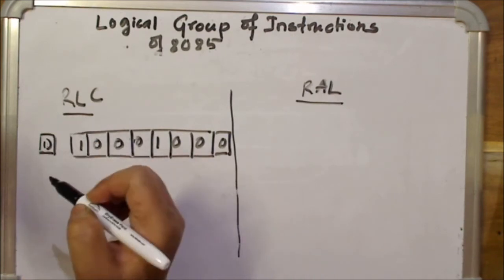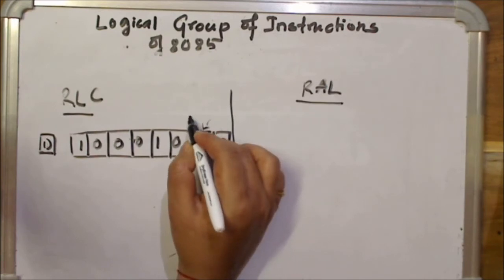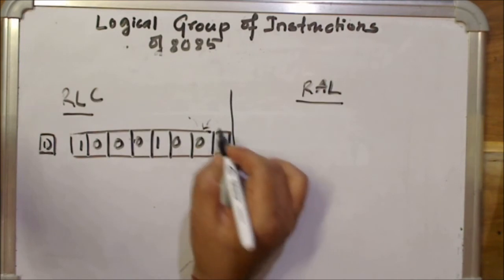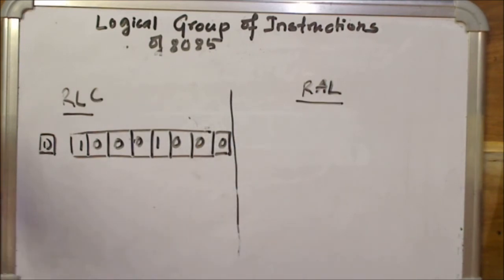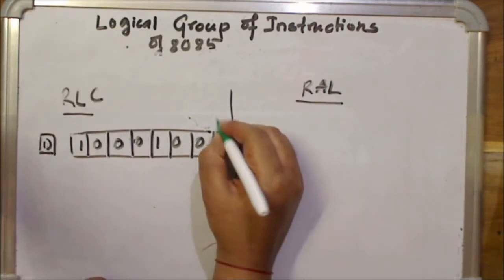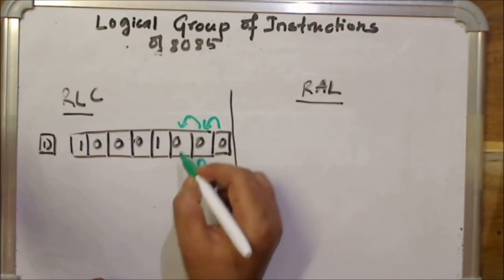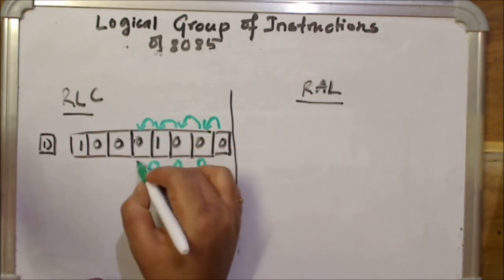Now I write RLC. What will happen? Each bit will move one position to the left. This will come here, so it will be 0. This will come here, this will be 0. This will be 0. This will be 1.